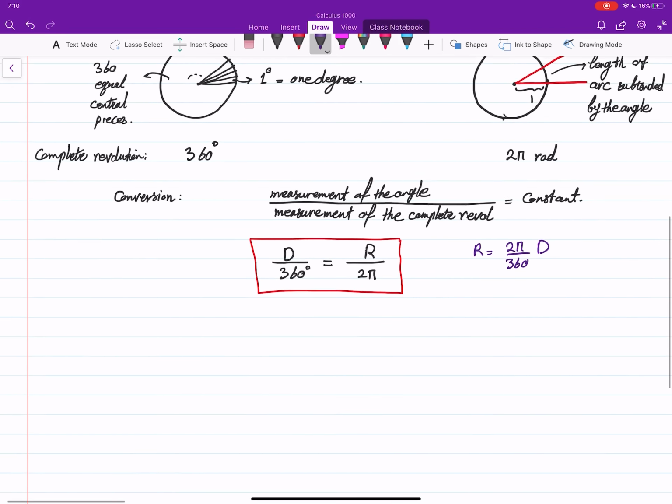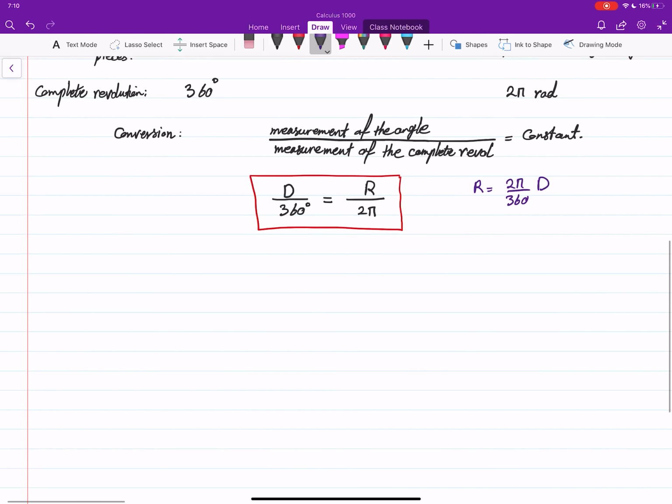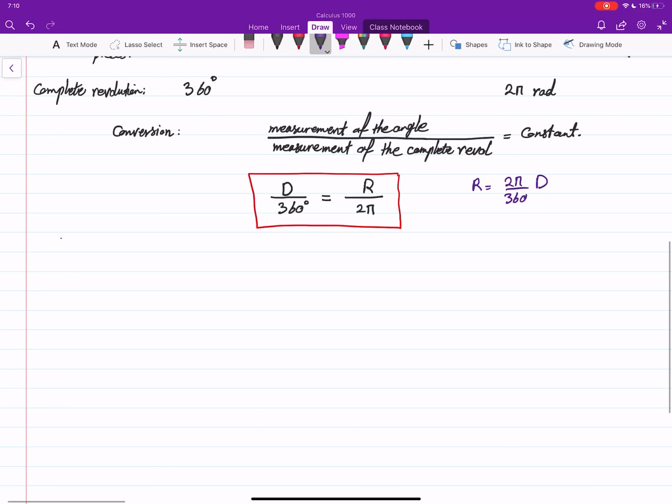Let's do an example using this formula. Example: convert the measurement. If it is in degree, you turn it to radian, and if it is in radian, turn it into degree, and vice versa.